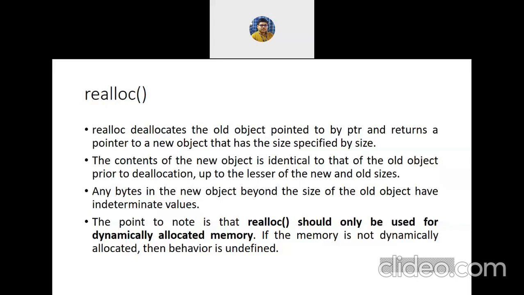That is the point. And the last point to note, very important, is that realloc should only be used for dynamically allocated memory. If the memory is not dynamically allocated, then the behavior is undefined. Suppose you have allocated memory for 5 integers by declaring an array.